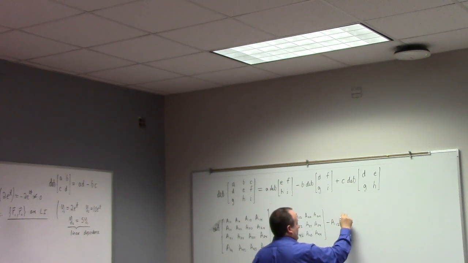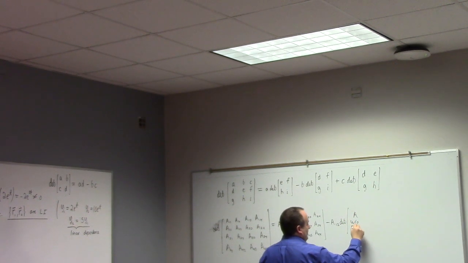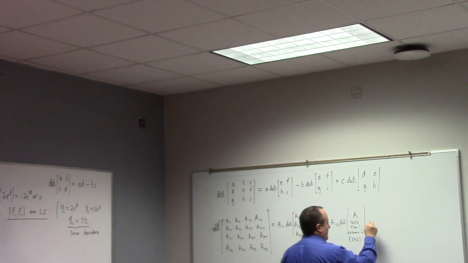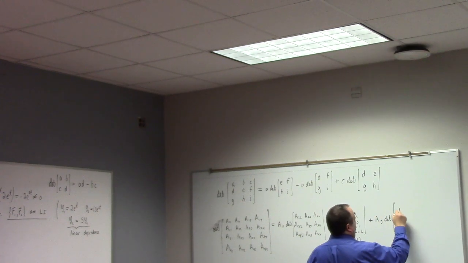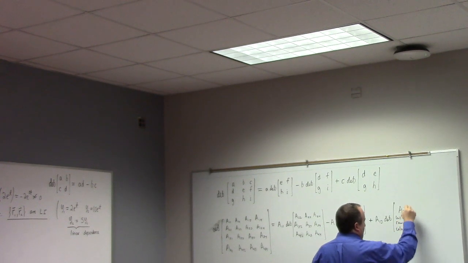A12 times the determinant of A without row 1 and column 2, a 3 by 3. Plus A13 times the determinant of A without row 1 and column 3.